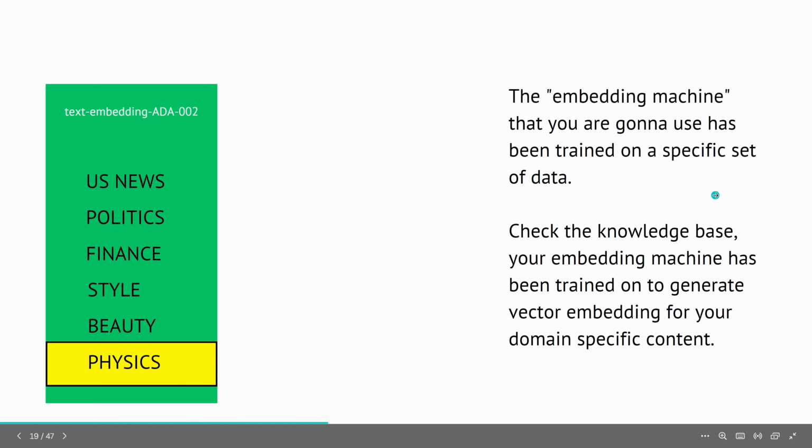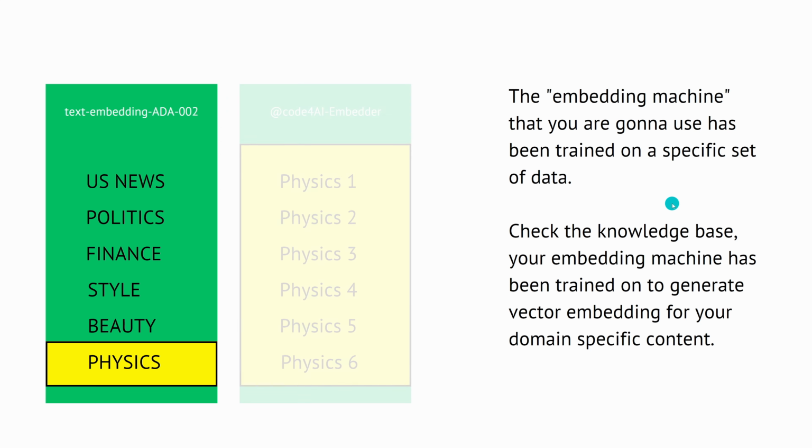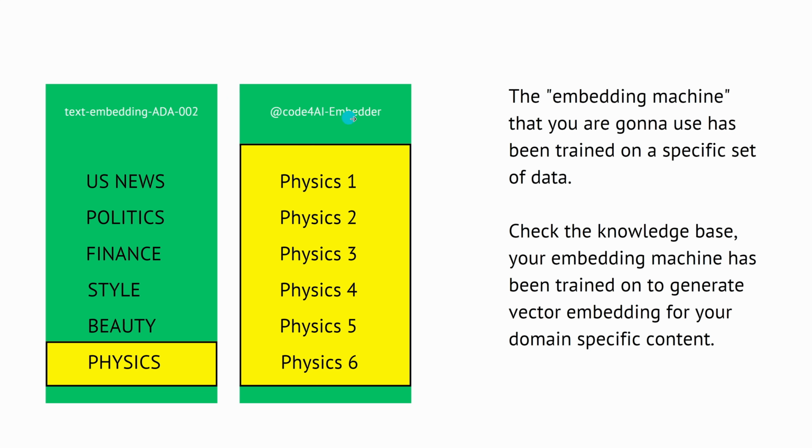Now you might say, I have such a complicated question in physics, I need a better resolution. So I construct my own embedder, and I have the first topic of physics, the second topic of physics. As you can see, this is an embedder optimized for my content. And I have only physics. I want to know nothing about news, about politics, about finance. I don't need this information. I have my specific domain-specific embedder. And when I say I get a better resolution, now you know what I mean.